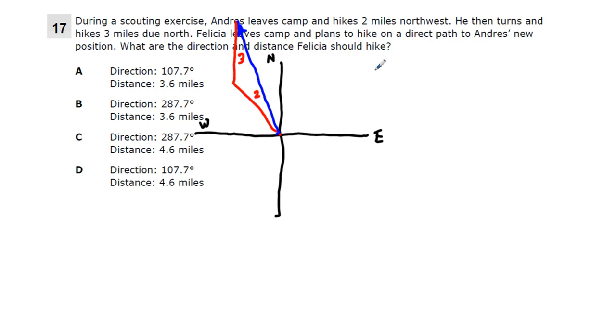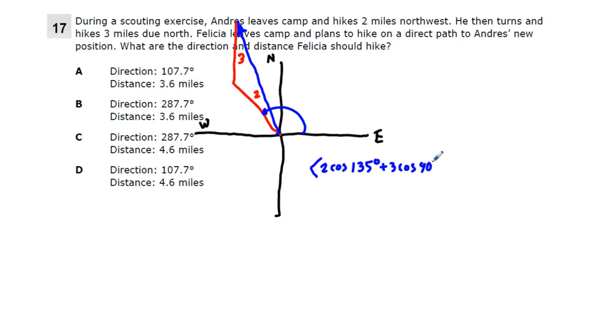So it's going to be, okay, that'll be 2 cosine of 135 degrees plus 3 cosine of, we're going straight north, that's going to be 90 degrees.